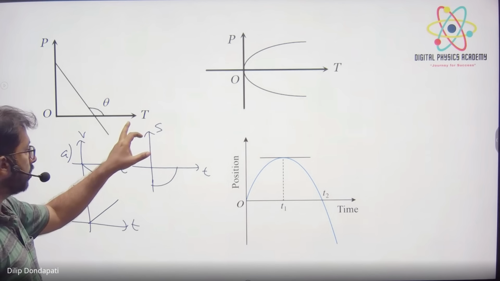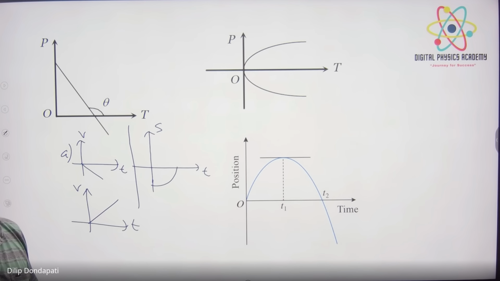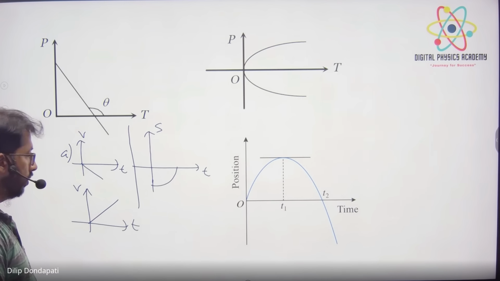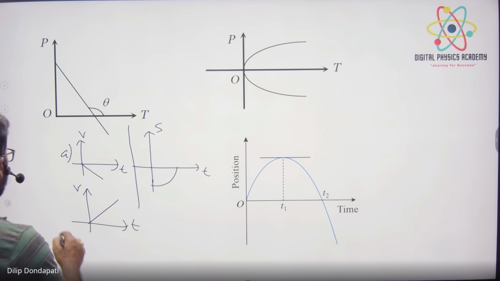From this, you have to draw the velocity time graph. Which one is right, A or B?